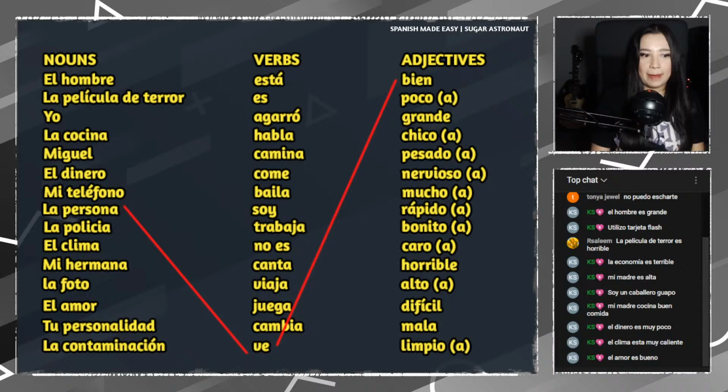If we say la persona ve bueno, that is incorrect because it's like you're saying the person sees good. Usually you say the person sees well, right? So it's the same in Spanish. If you want to say someone does something well, then you use bien for that. La persona ve bien. The person sees well. Okay? That's it. I think we used all of it.